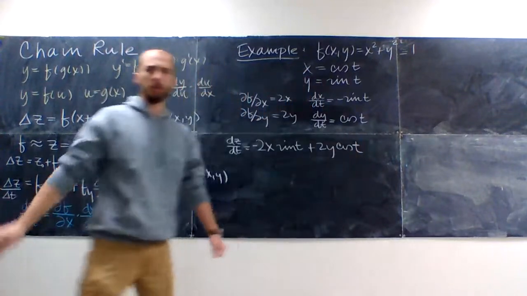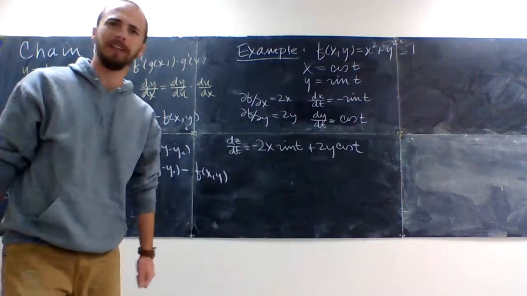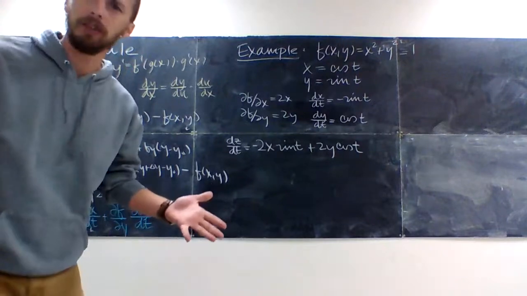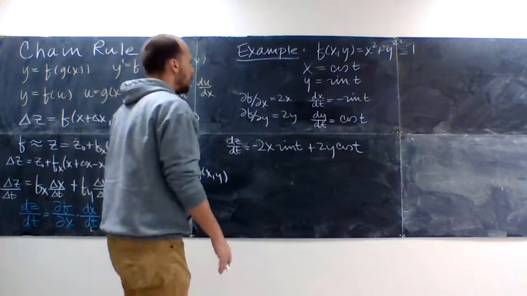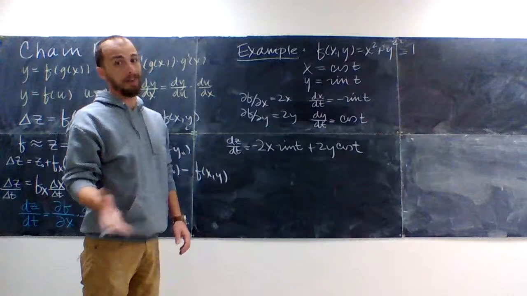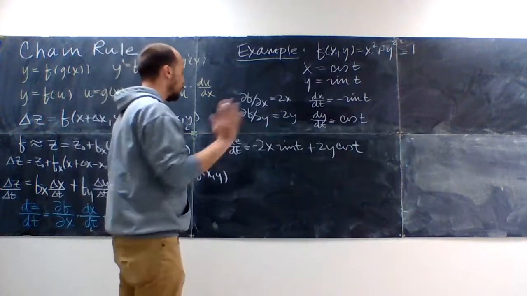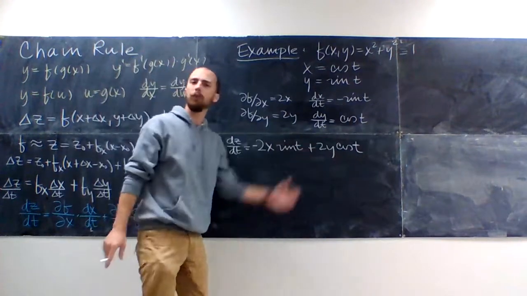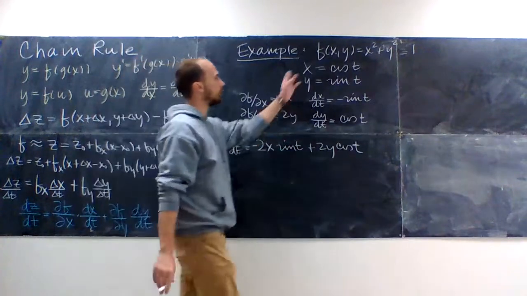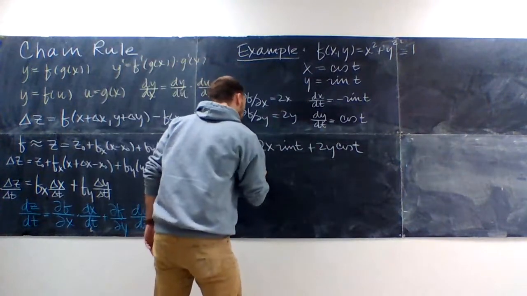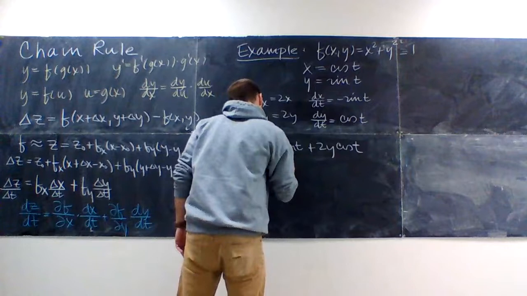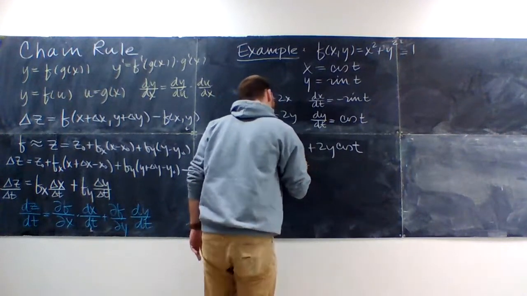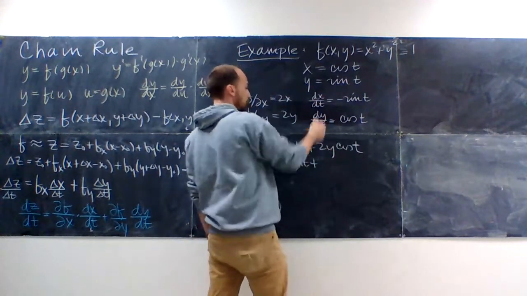You might be like, wait a second, dude, this was supposed to be a function that depended on t, and this was supposed to come back 0, like what's happening here? And I'll admit that while I was writing this out, I had not actually worked this example all the way through. I was not sure what was going to happen, but x and y, we have formulas for these, right? So we have x is cosine t. This is negative 2 cosine t sine t plus 2y, which is 2 sine t.